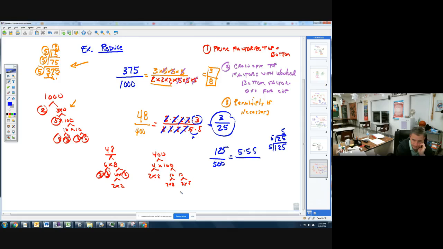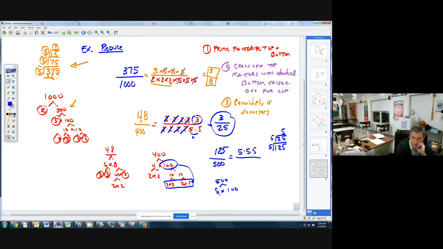500. Now maybe you can start seeing some patterns here. 500 is a lot like 400. Let's take a look. To prime factorize 500, it is 5 times 100. When we prime factorized 100 here, 100 ended up being these numbers down here.